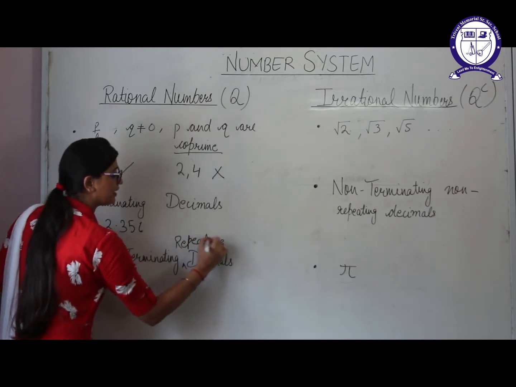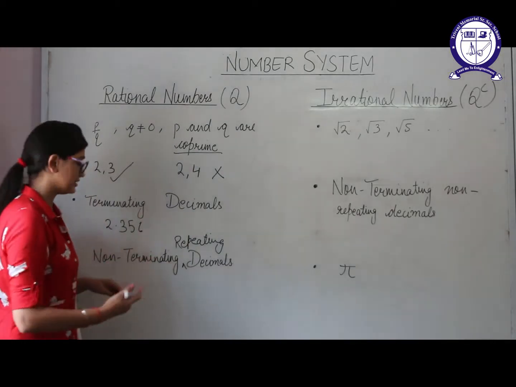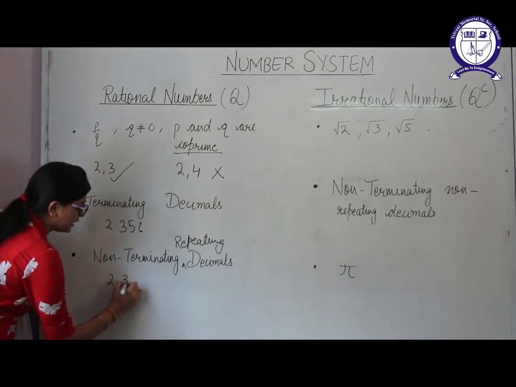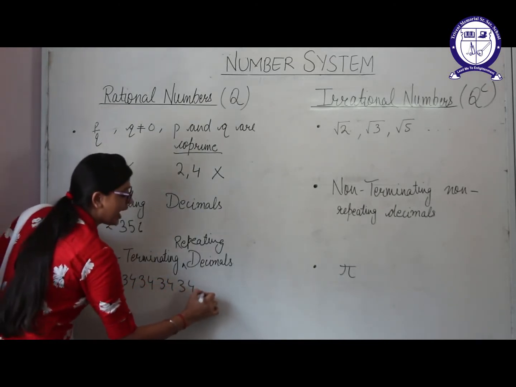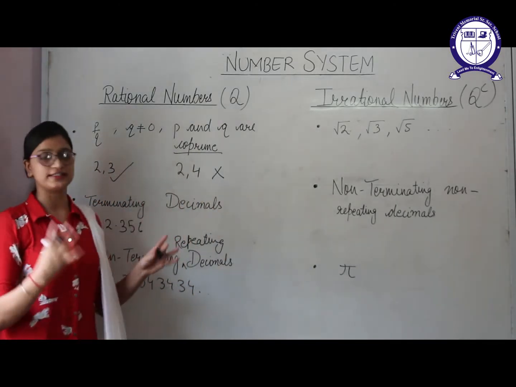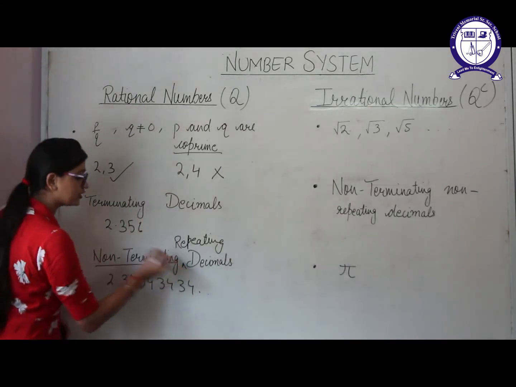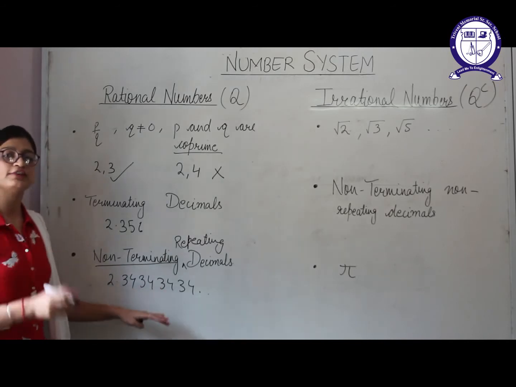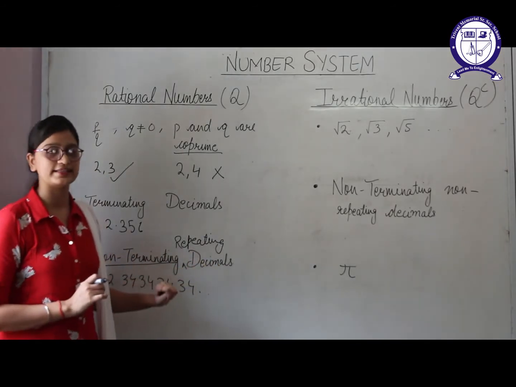It means that after some point the number is repeating itself. That is 2.34, 34, 34, 34 and it goes on continuously. It never ends. It never stops. That's why it's non-terminating. And 34, 34, 34 is repeating itself. That's why it is a repeating decimal.